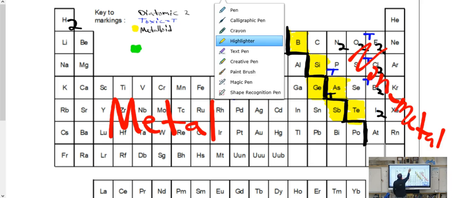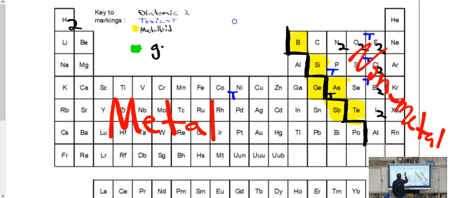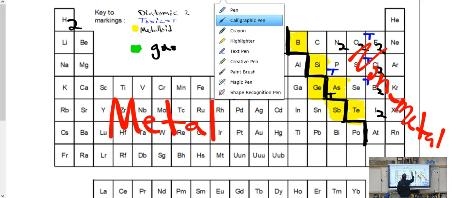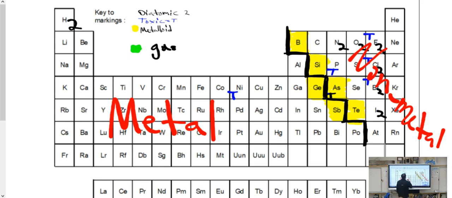Whatever, that says gas. All right, so what we're defining here is if we just found the element in nature, what state of matter would it be in? And these are the ones that are gases when you find them in nature.